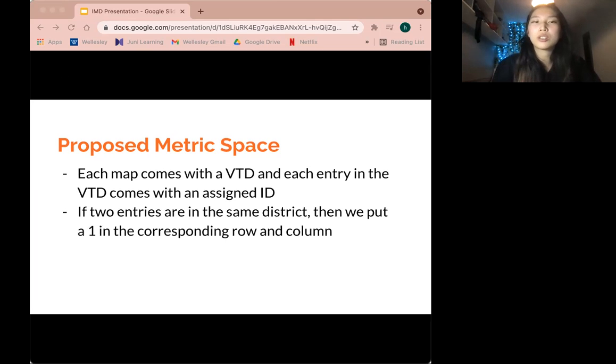In order to find the most typical map, we needed a way to represent this abstract map that's computable. So we utilize a binary system where if two VTD entries are in the same district, there should be a 1 in their corresponding row and column.